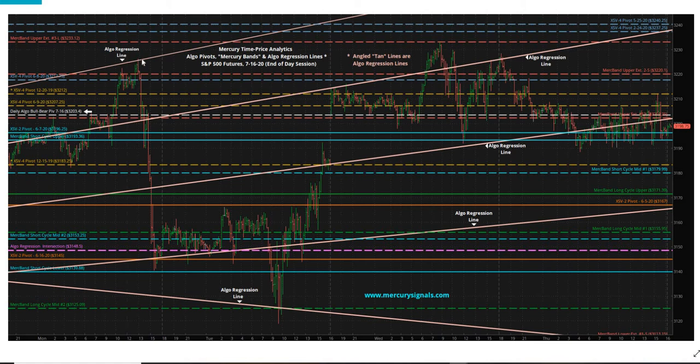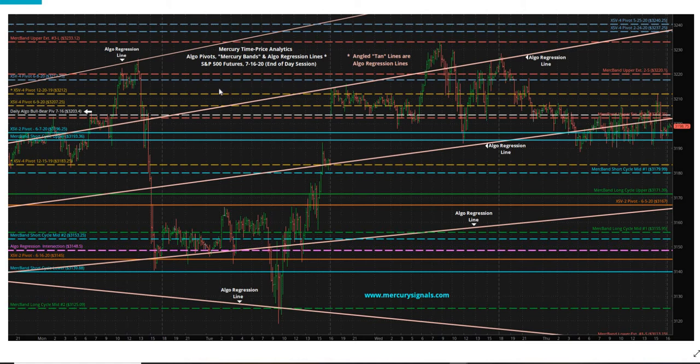And then you have these angled tan lines, which are algorithmic regression lines. That's a proprietary formula. I haven't seen anybody else that does this particular type of work. These are angled lines based on a time price formula.